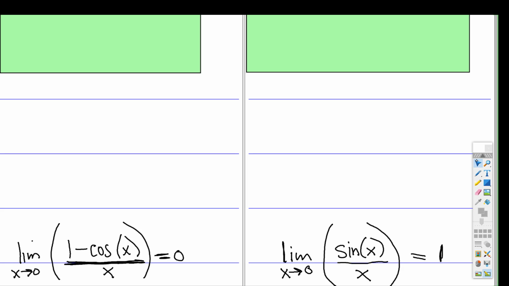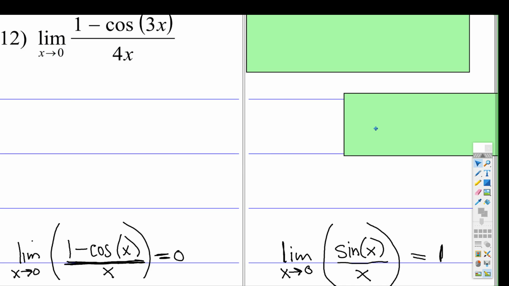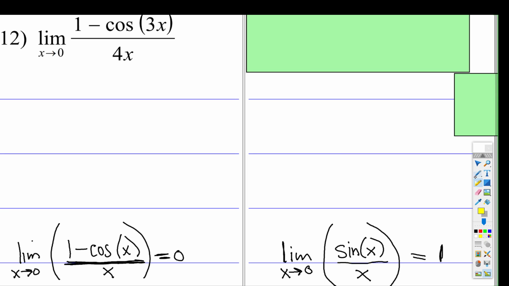So for this one right here, notice the denominator has to match the theta. Remember, with trig, whatever's inside the parentheses is called the argument. That's called the theta.